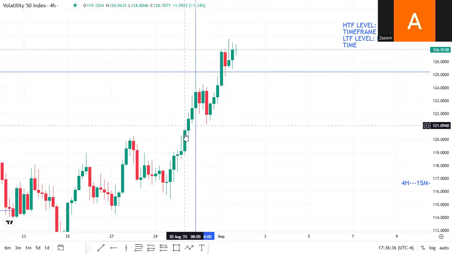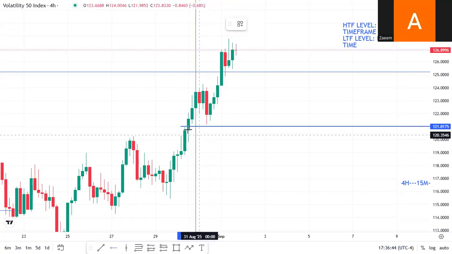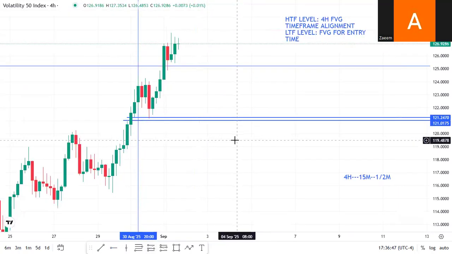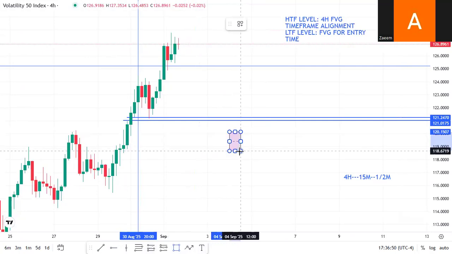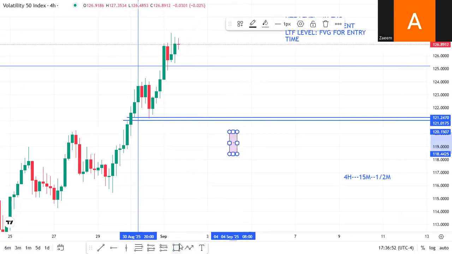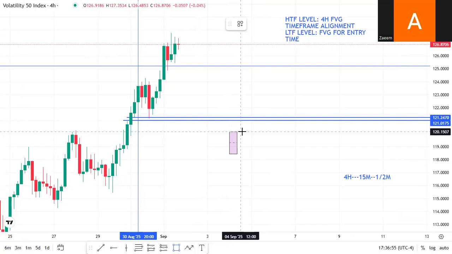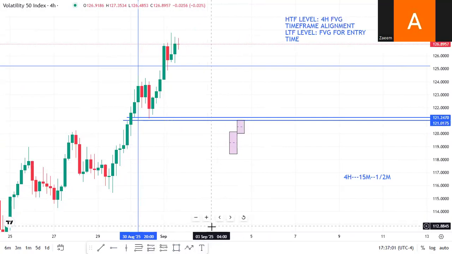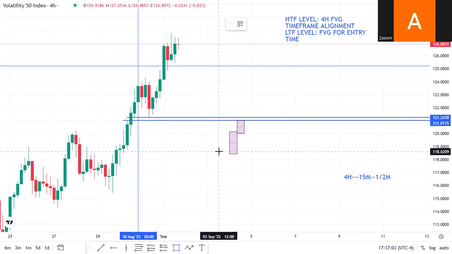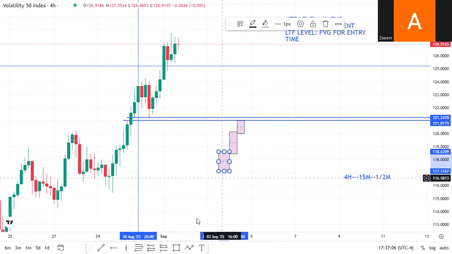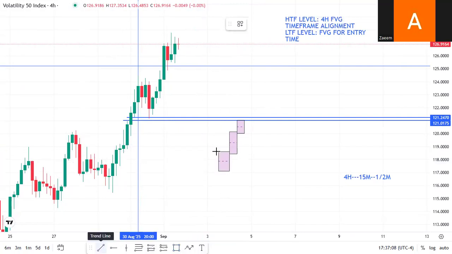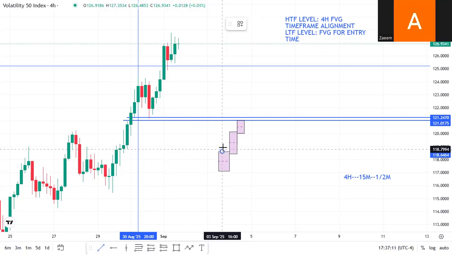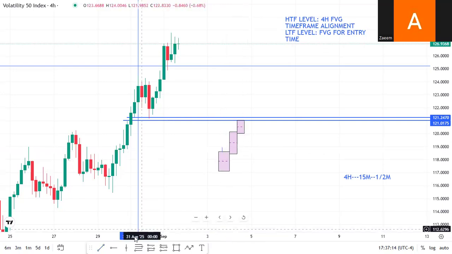You see this? You have this little fair value gap here. I don't know if most of you are familiar with fair value gap. A fair value gap is just a three candle formation. You have a candle here, another candle here going up, and another one here. Let me draw the wick. Maybe this one will have a little wick to the upside. This is not perfect, but at least it will explain it.